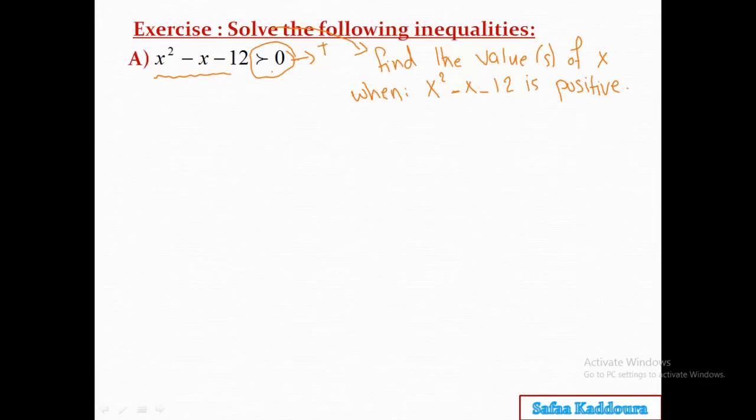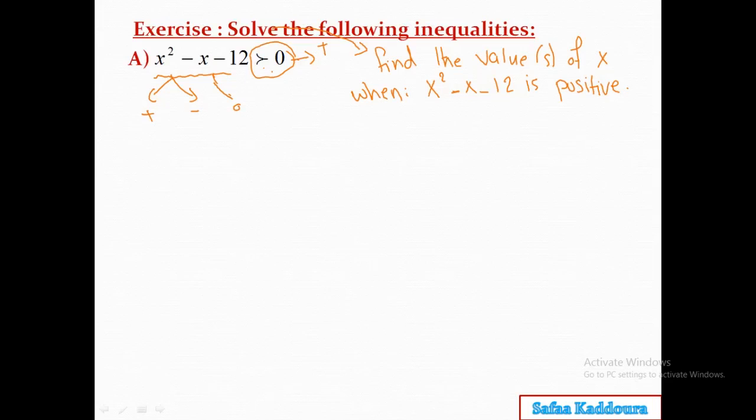According to the value of x, x squared minus x minus 12 may be positive, may be negative, may be 0. So, we don't want all these signs. I only want the positive sign.